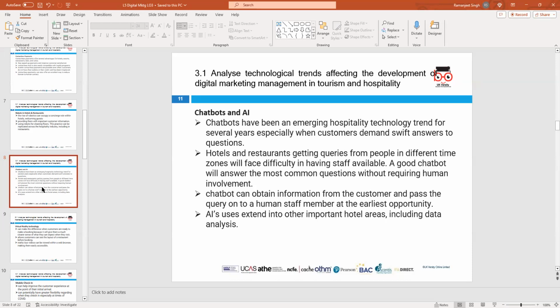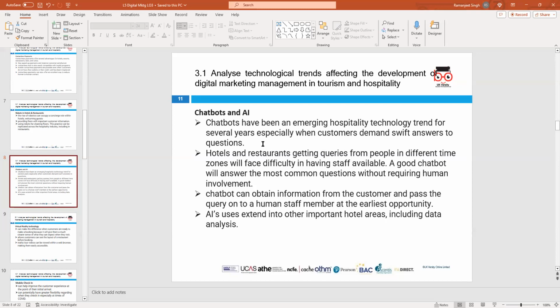So they give you some kind of information that might be useful, and they pass this information on later to a human who can give you more information, or who can contact you and chat with you, and take it further from there. So the chatbots have been emerging in the hospitality trade for several years, because the demand has increased.